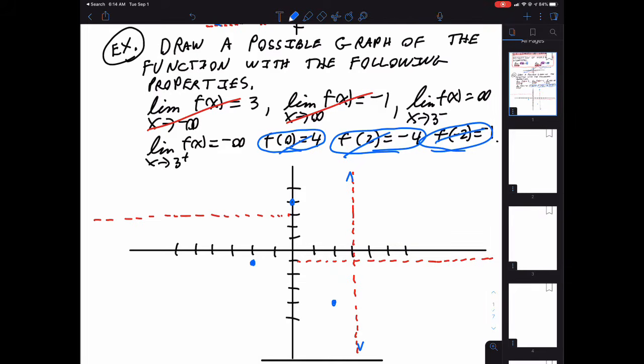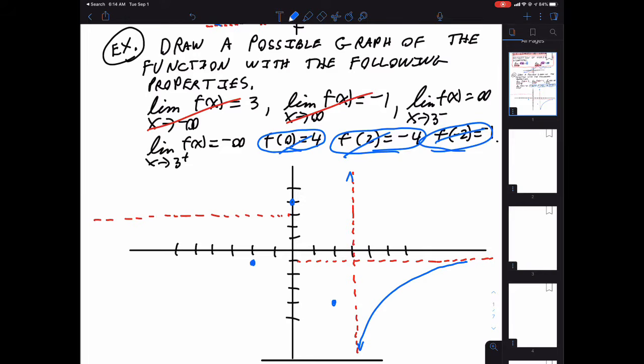So the way the function looks is a guess. That's why it says a possible graph, because it could do many things. I'll give you one example. This could just simply do that, and that would work. Or if you want to go crazy, let's go crazy.